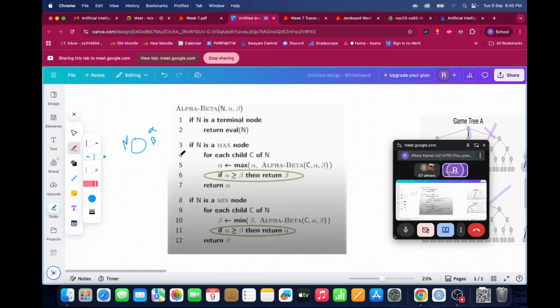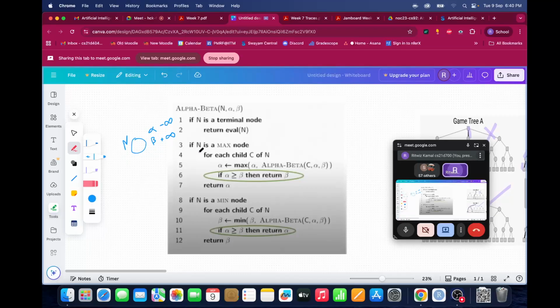Now we initialize all these alpha and beta values starting from the root node with minus infinity and plus infinity. Okay, so alpha value is initialized with minus infinity, and beta value is initialized with plus infinity, and then we propagate that through all the children of the game tree.